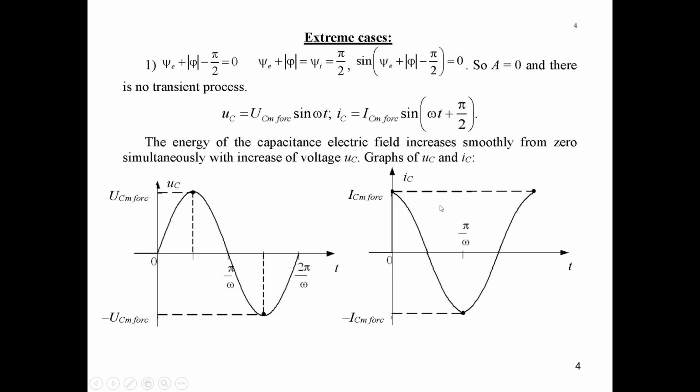But the current through capacitance may change abruptly to provide this smooth changing. So iC forced was equal to 0 before commutation, then it will change abruptly up to the maximum level, and then it will change in accordance with a sinusoidal law.